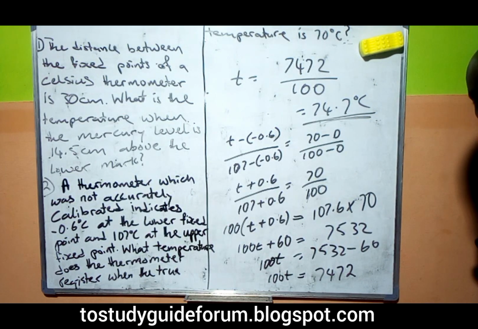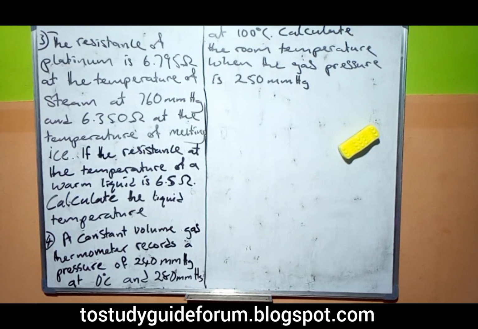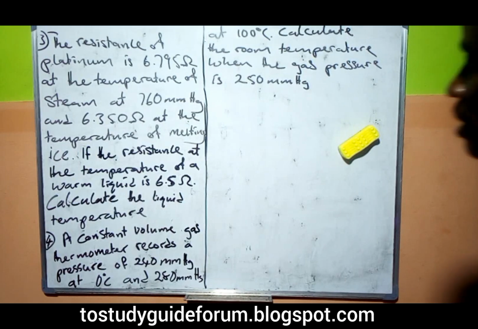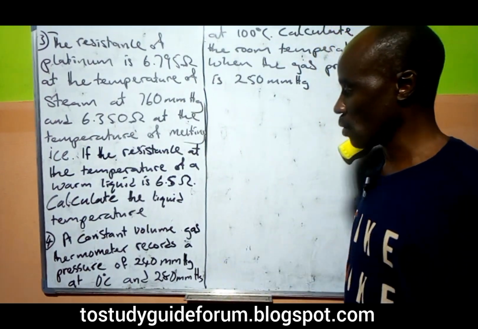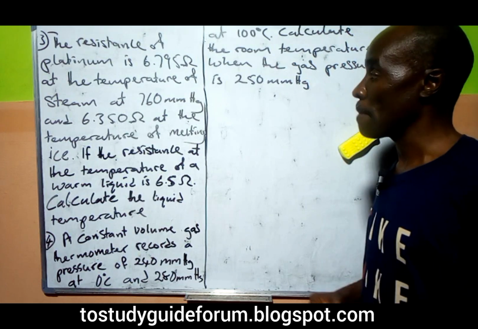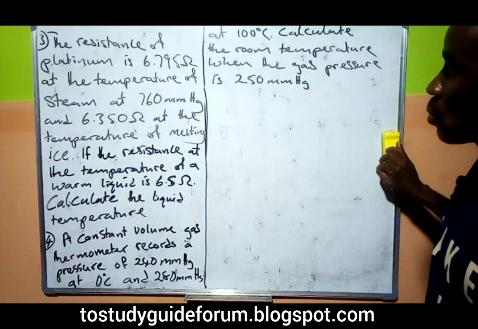So we can also look at the other type of thermometer that has to do with resistance. The resistance thermometer. So in this one, we are going to be looking at the resistance thermometer and that of gas thermometer, how to calculate them. The first one is resistance thermometer.